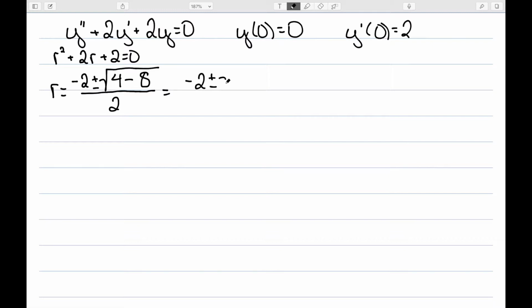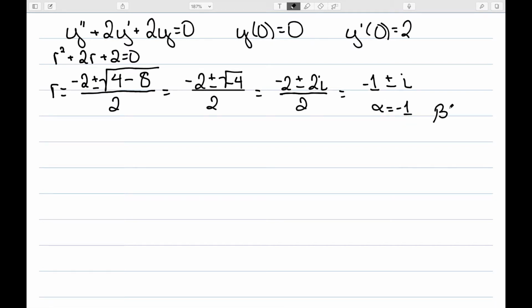So this is negative 2 plus or minus the root of minus 4 over 2. We know the root of negative 4 is going to be 2i. So I have negative 2 plus or minus 2i, which is the same thing as negative 1 plus or minus i. So in this case, alpha is minus 1 and beta is 1.